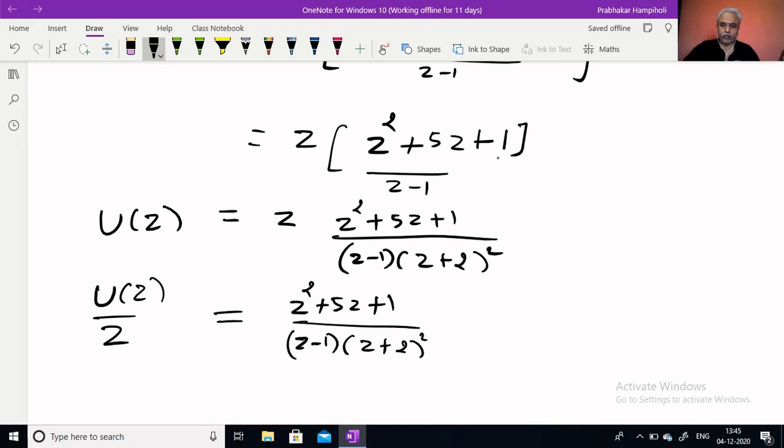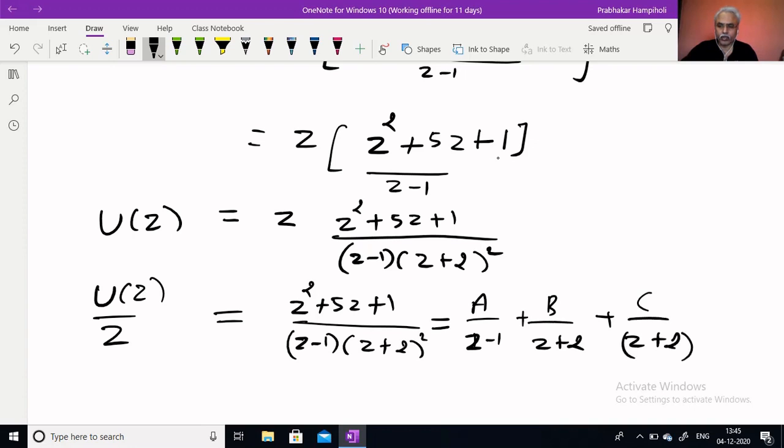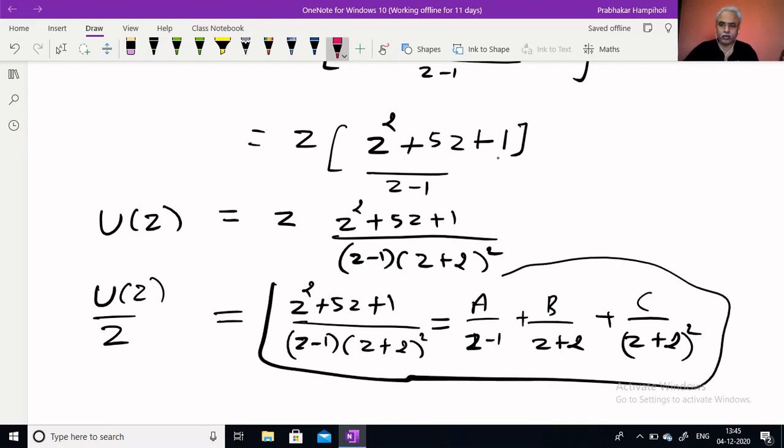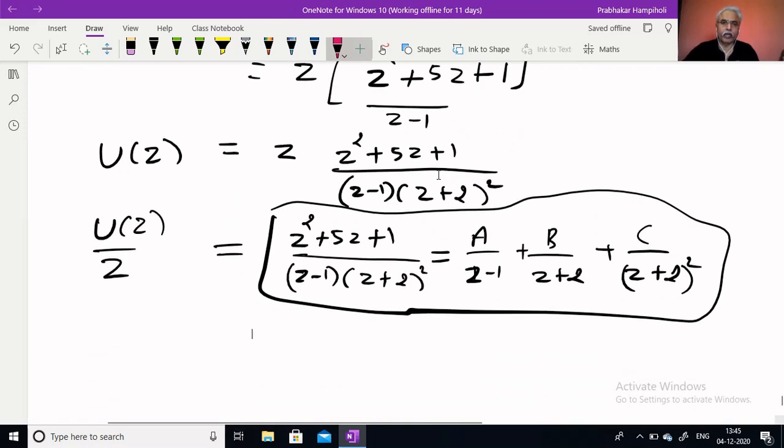So let us apply the partial fractions rule: A/(z−1), B/(z+2), and because it is repeated, C/(z+2)². Now to find A, B and C, multiply by the denominator.